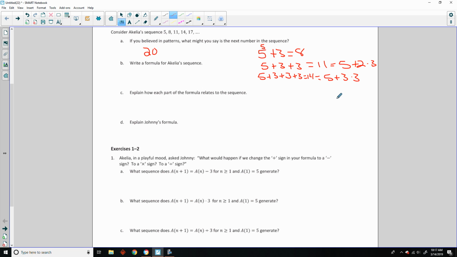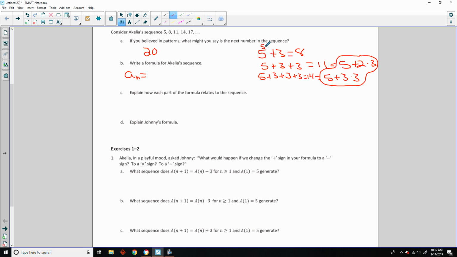Okay, so what's going on here is, if we were to write a formula, we could say f of n, or a sub n, so I would write a sub n equals, okay, our terms, and how can I represent this now? What's changing every time?